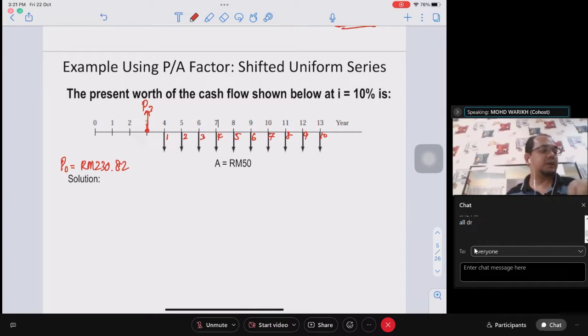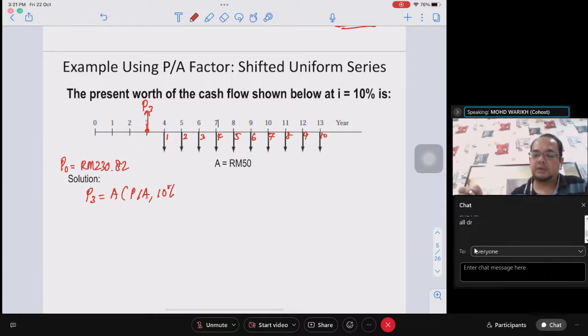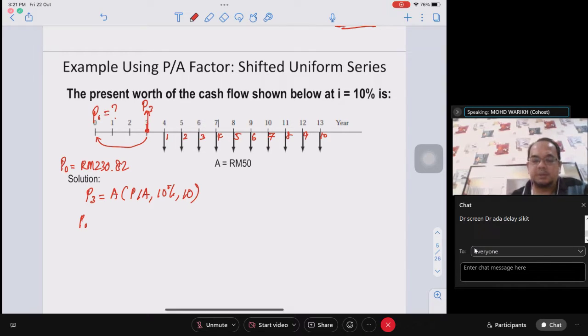So P3 is A, per A, I is 10%. So the N number is 10, kan? And P0 shifted from the P1 to the P0. So by P3, okay, F, 10% at year.